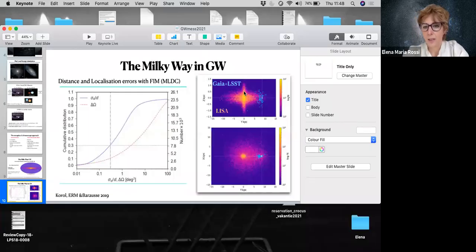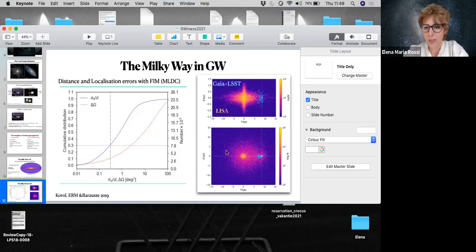And the pink and yellow are the distribution of detected double white dwarfs by LISA. Okay, and you see that we can actually see in the galactic center and through the galactic center on the other side of the galaxy. Of course, this is something that cannot be done in optical. We cannot observe the other side of the galaxy.